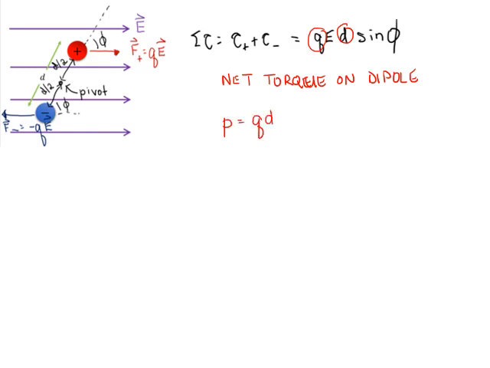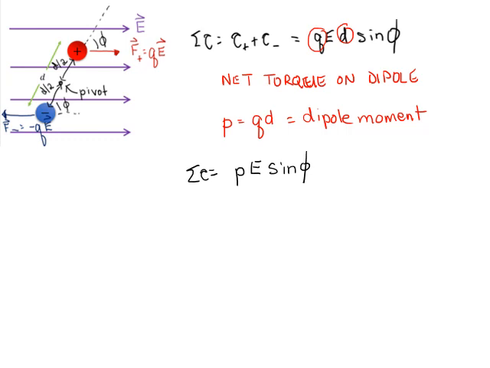So p is equal to Q times d, and that's what we defined as our electric dipole moment. So we could write down that the magnitude of our torque is equal to the dipole moment p times the electric field times the sine of the angle between them.